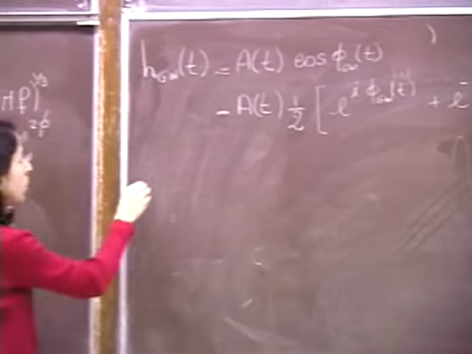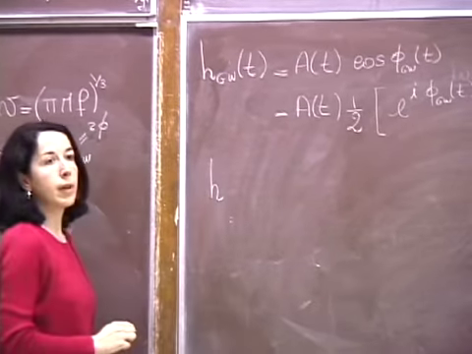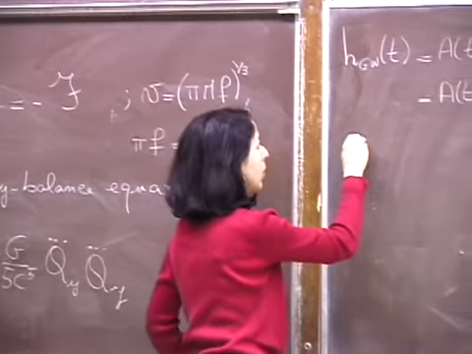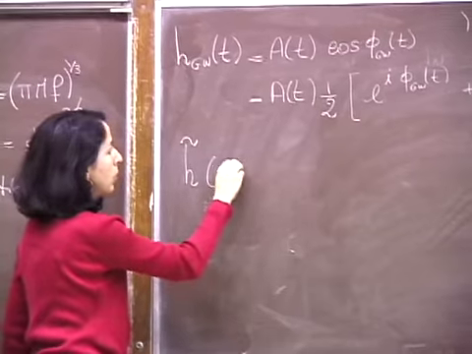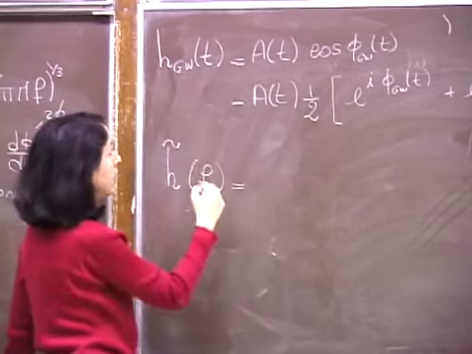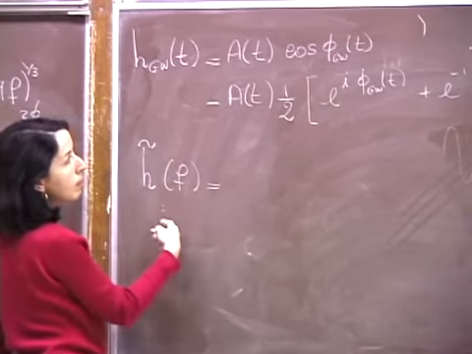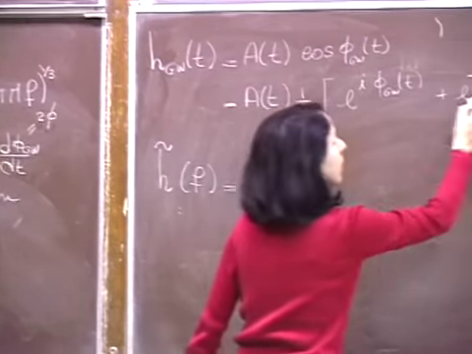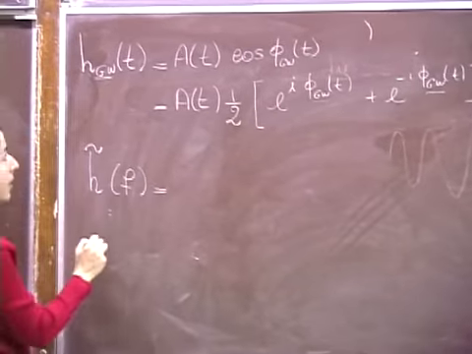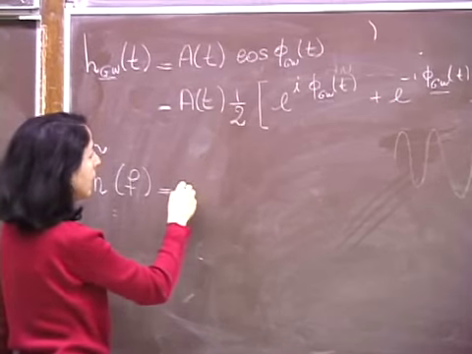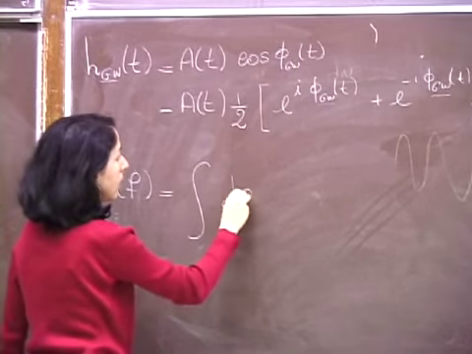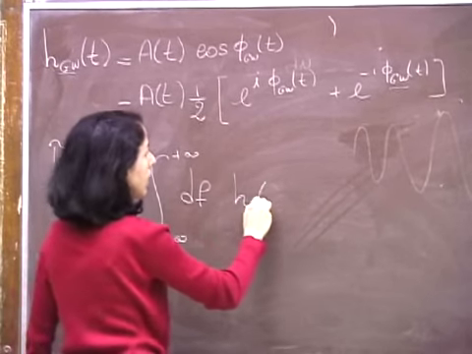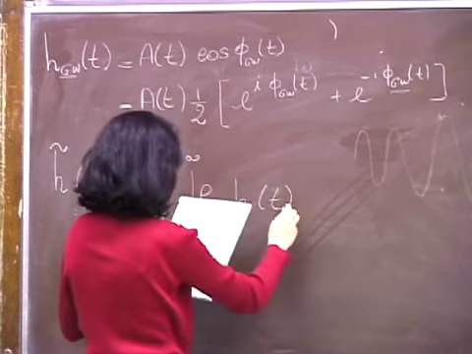and then, when people build templates, they generally work in the Fourier domain. So you take the Fourier transform of this h. From this moment on, I will forget about the gravitational wave written there. And this is defined like the integral from minus infinity to plus infinity, and then you have h(t).